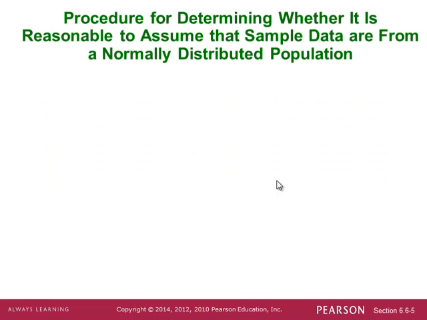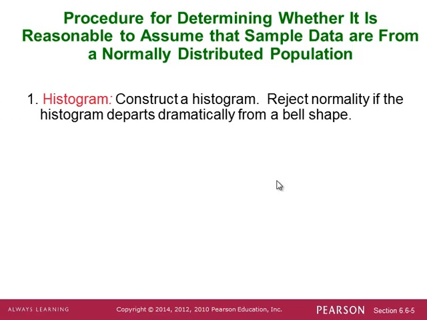Moving along here. So here's the procedure for determining whether it is reasonable to assume that your data could conceivably have come from a normally distributed population. Number one is to construct that histogram that we mentioned earlier and see whether that histogram is somewhat bell-shaped.